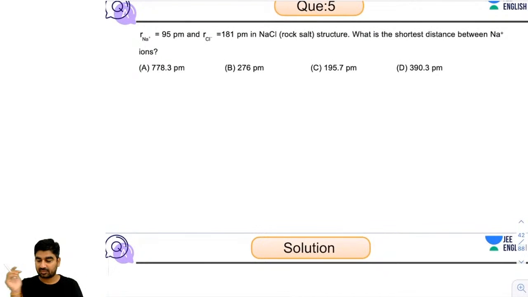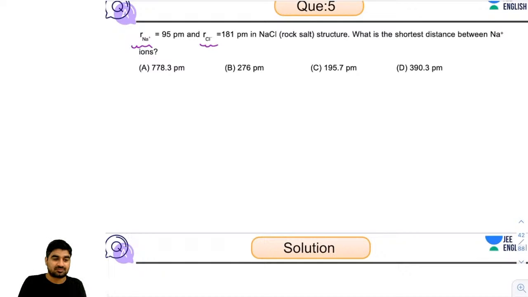Now do this one. Now I'm giving you the rock salt structure. So what is the shortest distance between Na plus ions? This is our Na plus, this is our Cl minus.